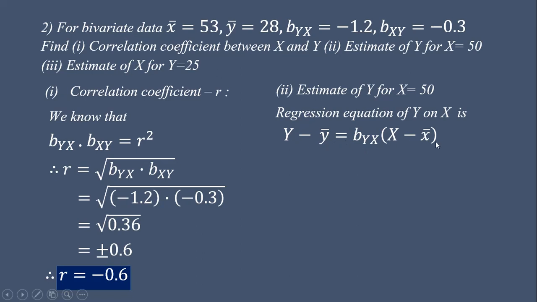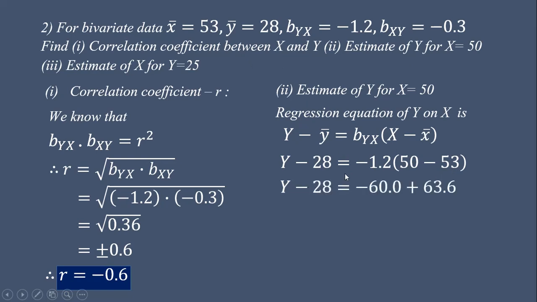So all the things except y are given. Only we have to substitute these values here and calculate y. Okay, so y minus y bar, the value of y bar is 28, minus byx, it is also given, minus 1.2 into bracket x. For x is equal to 50, x is given 50, we substitute here, minus x bar is 53, it is given, so we substitute these values.